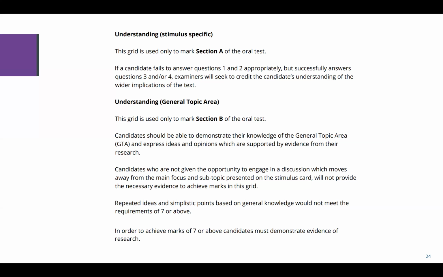And the understanding of the general topic area, as I said before, is only in the discussion. You can see that they really have to show here that they have done some research and they have knowledge about their topic area. Perhaps they've got some statistics which are used to back up an idea.